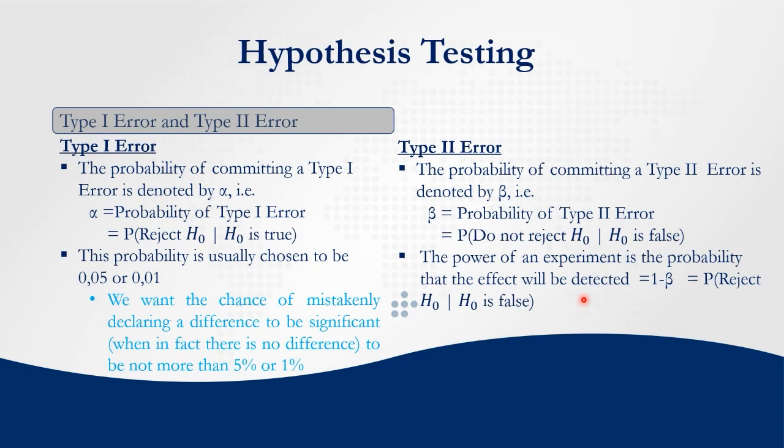On the other hand, we will have a type 2 error, which is when we don't reject the null hypothesis when it is false.